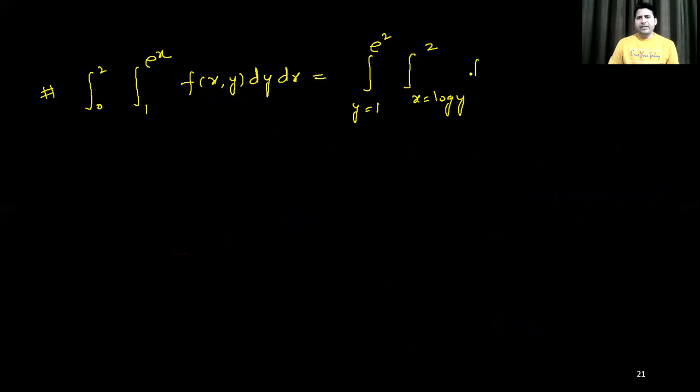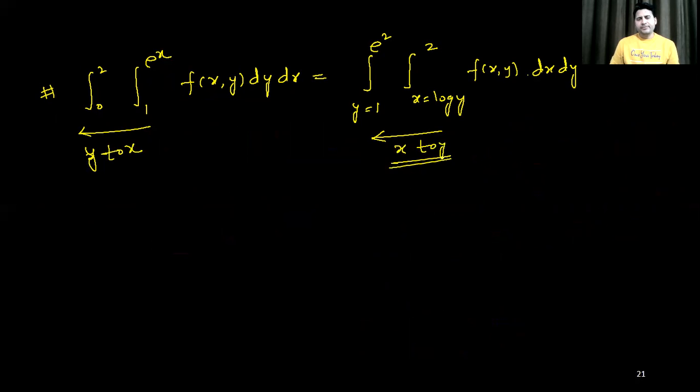Inside we have the function of x comma y. The new order will be dx dy. You can see here it is y to x, and here it is x to y. That is, we have changed the order of integration for this problem.